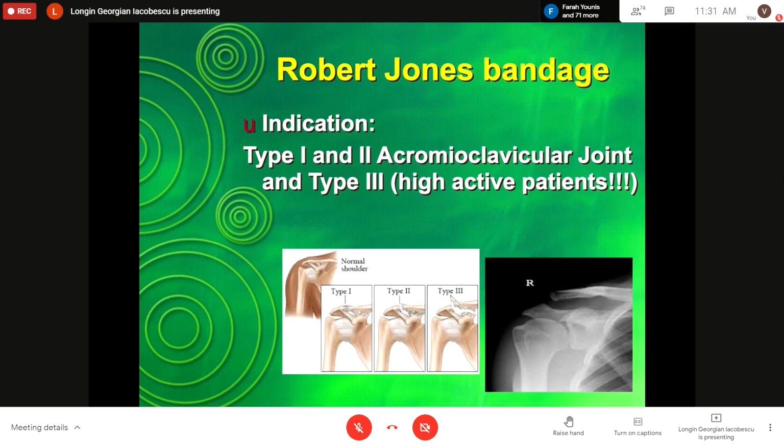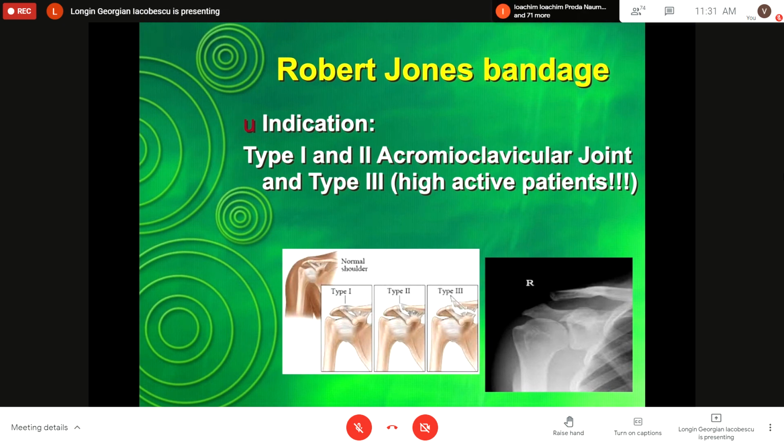Unfortunately, this type of lesion wasn't taught to you at this moment, but it will be taught in the courses about acromioclavicular sprains or luxations. You will see that corresponding to them there is a classification called the Rockwood classification. Type 1 means just a sprain.